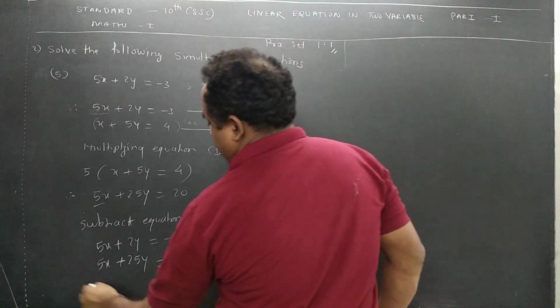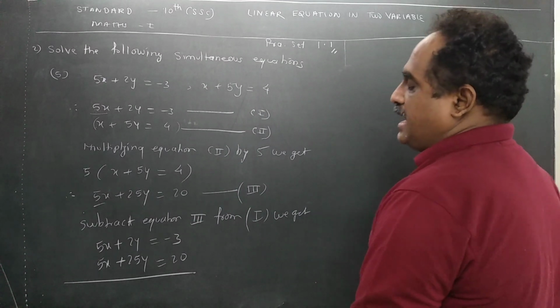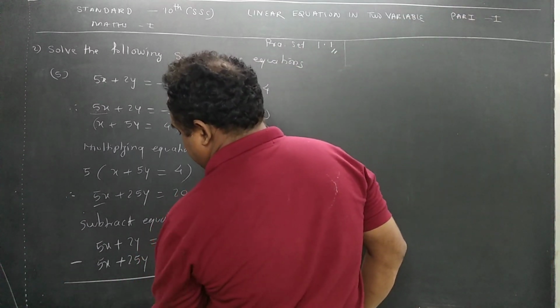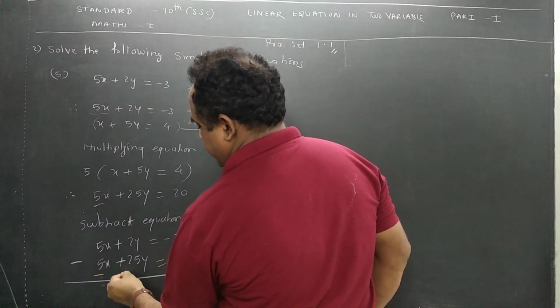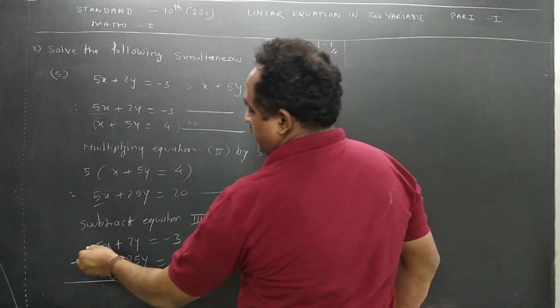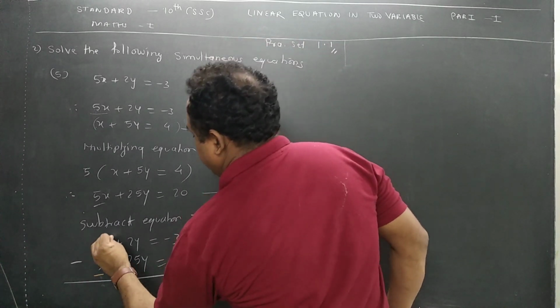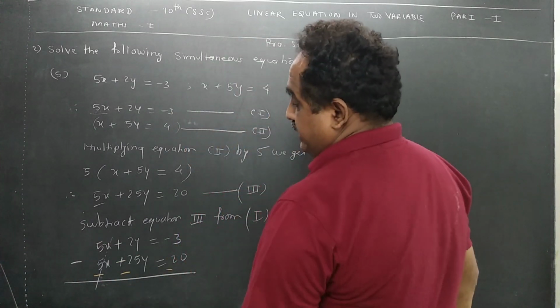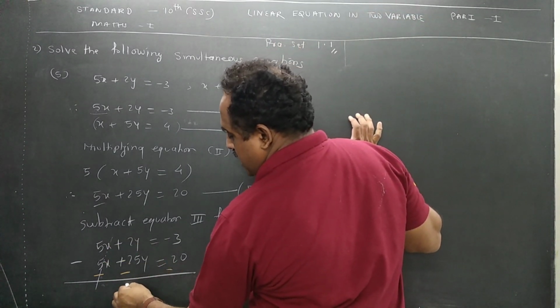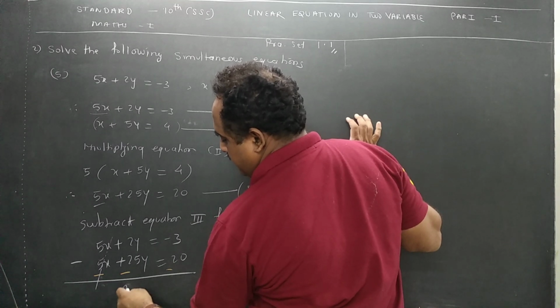Again, as we are going to subtract, we have to change the sign of the lower term. Is it right? So I'll make it plus to minus, minus, and minus. Now just see. Plus 5y minus 5y get cancelled. Here it is plus minus. 25 minus 2 is 23y.